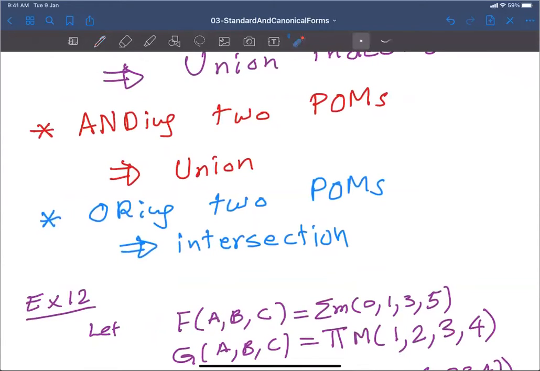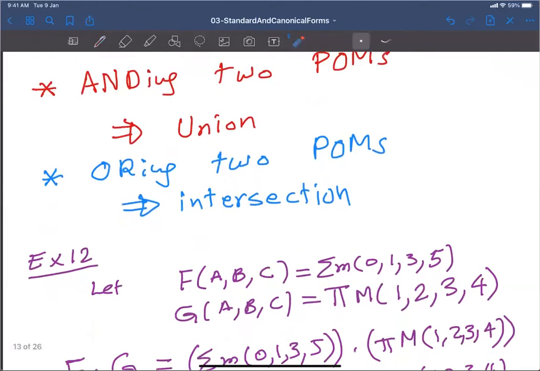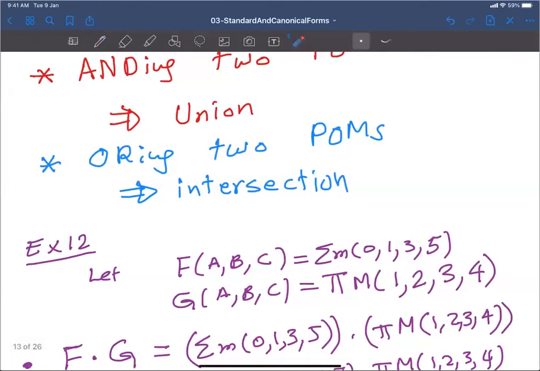So the way to do this is to AND the two functions here like this, but we haven't learned how to AND sum of min terms with product of max terms. So we have to change one of them to the other in order to solve the question and use these rules here. Okay, so since we want the answer to be in sum of min terms, we will change this to sum of min terms.